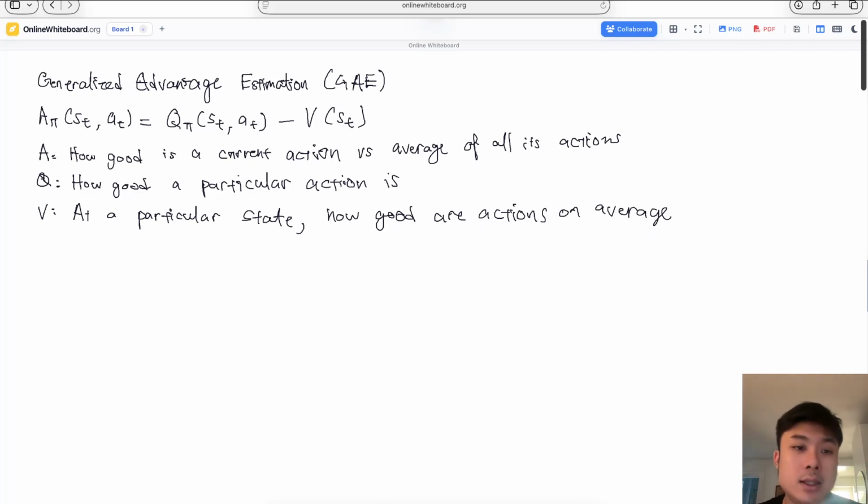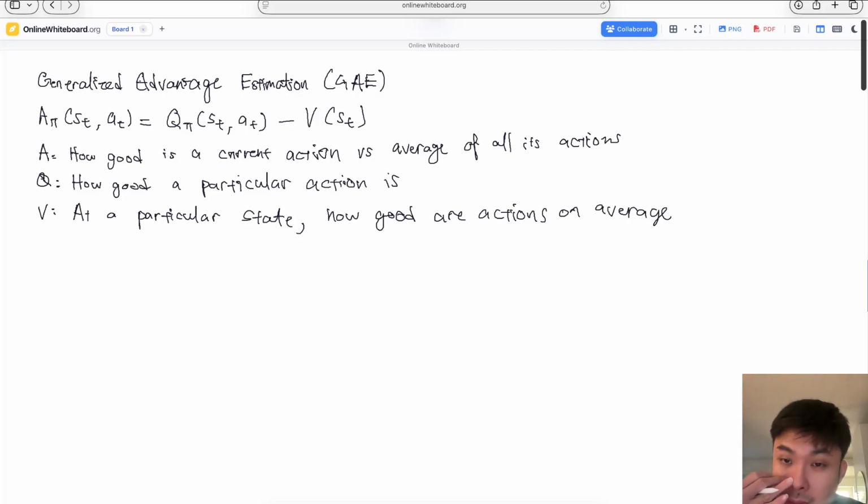So when Q measures how good a particular action is and V measures how good actions are on average, the advantage is merely Q minus V, which is shown by this equation.